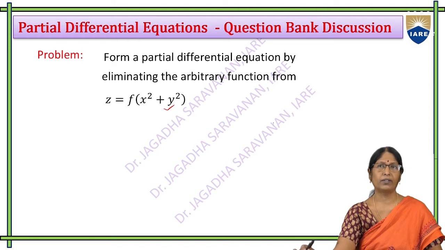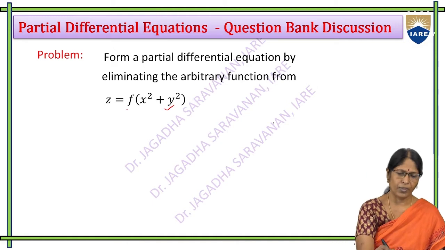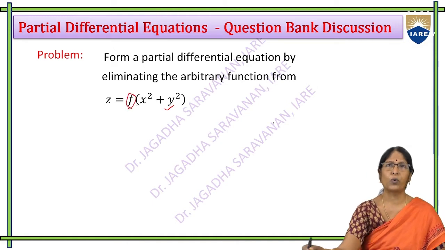It doesn't mean that all problems use only P and Q. We have to move to R, S, T. Such types of problems are also there in the question bank. Now what we are concentrating on is the arbitrary function, that is, here f is playing the role of the function.